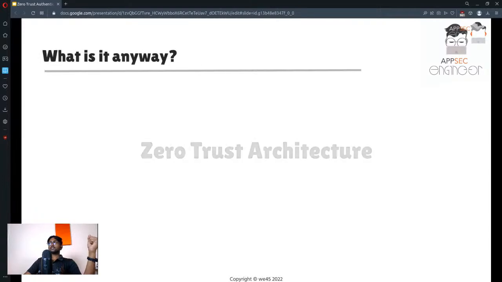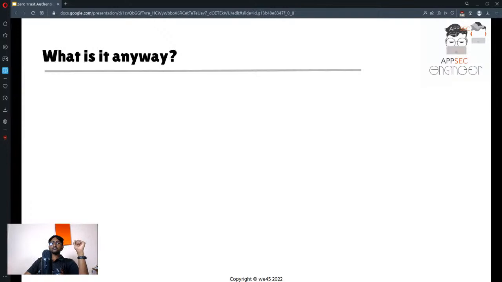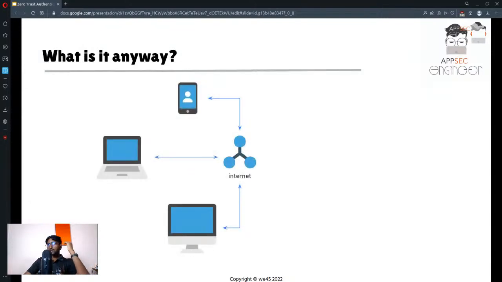Okay. So let's start off with zero trust architecture. What is zero trust architecture, and why did we get here? Well, traditionally speaking, our networks were limited to physical spaces. Meaning, if you go way back to the ARPANET days, you had physical buildings wherein you would have your network defined only within that boundary. So if you wanted access to a computer, you would have to be physically present in the location.